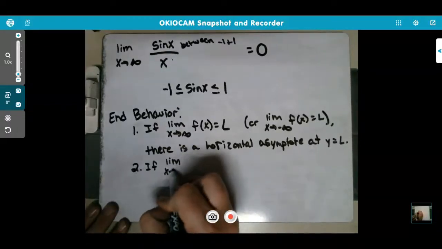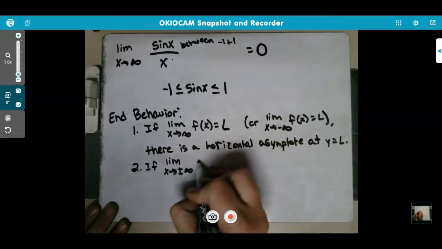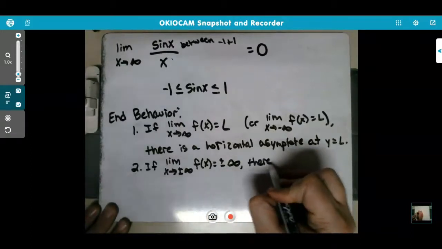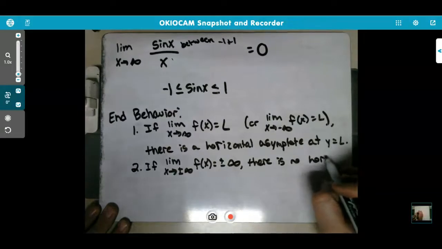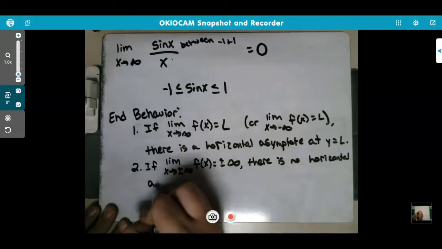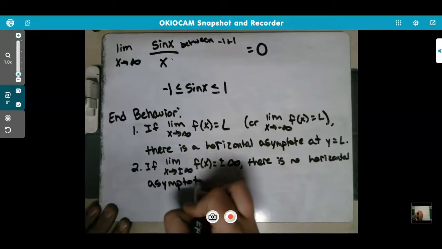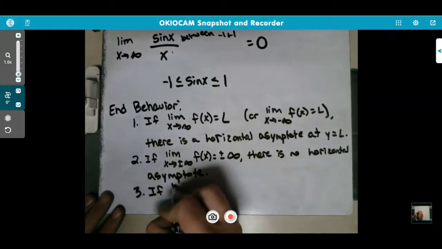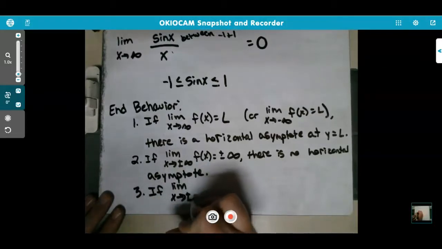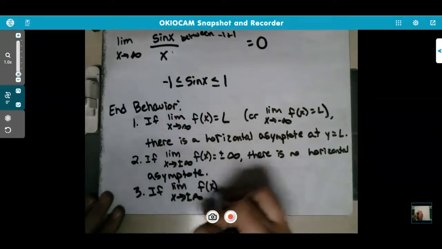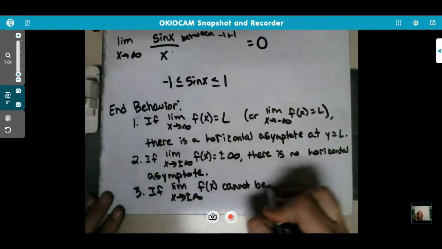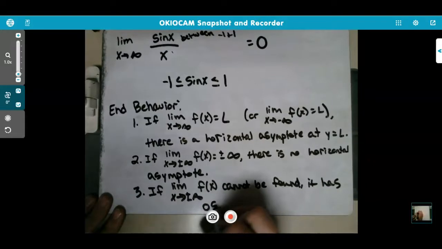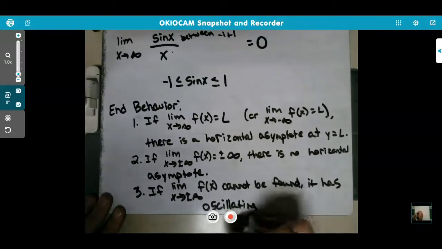If the limit as x approaches plus or minus infinity of f of x is equal to plus or minus infinity, then we say there is no horizontal asymptote. It'll just grow and grow and grow. And lastly, if the limit as x goes to positive or negative infinity of f of x cannot be found, it has oscillating behavior.